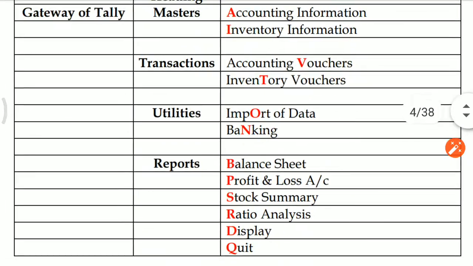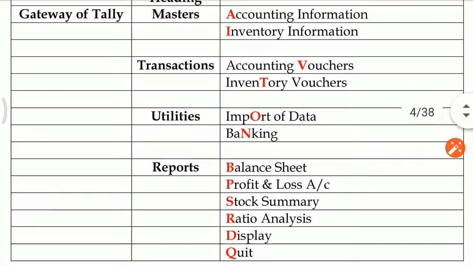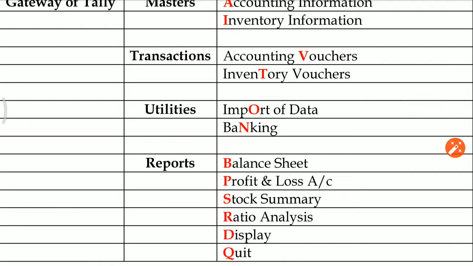Shortcut button means you can press A, and account information will appear on screen. You press I, and the menu of inventory information will be available. In accounting voucher, when you press V, the voucher screen will appear. When you press T, the voucher screen of inventory will appear. If you press B, the balance sheet screen will appear on your screen.